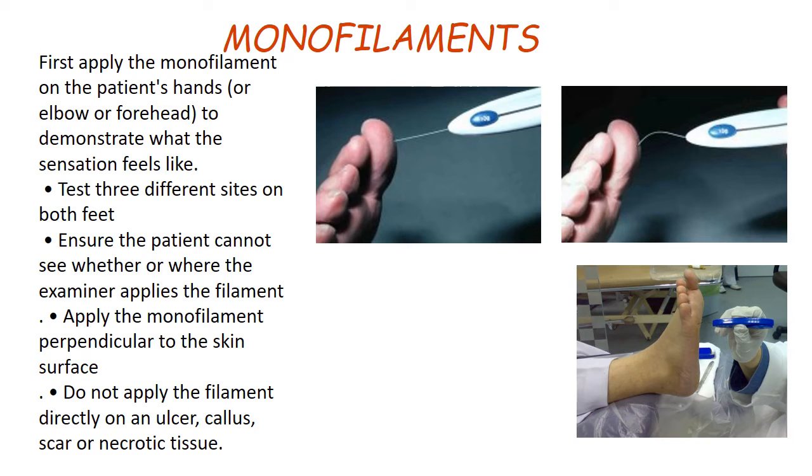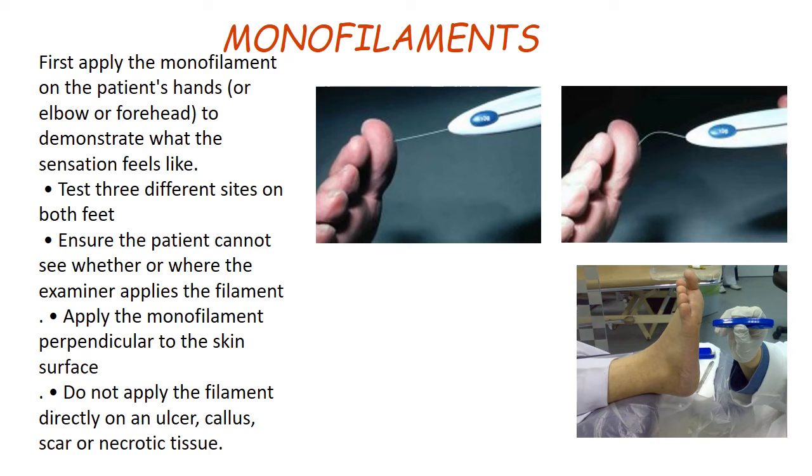As with any neurological assessment, we should teach our patient first. So we should apply the monofilament on the patient's hand, elbow or forehead, to teach the patient what we are going to look for. Then we put it perpendicular on the skin and put some pressure on it until it is slightly bent, as we see.